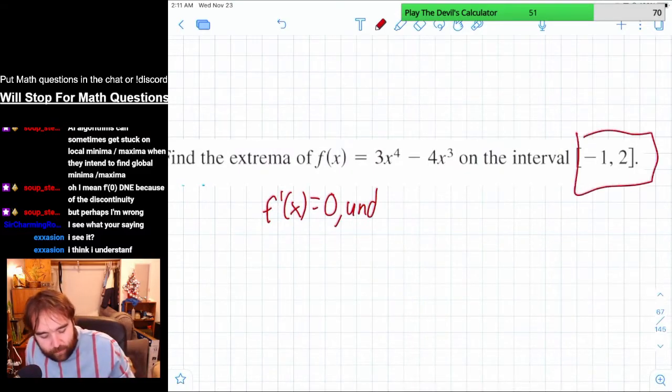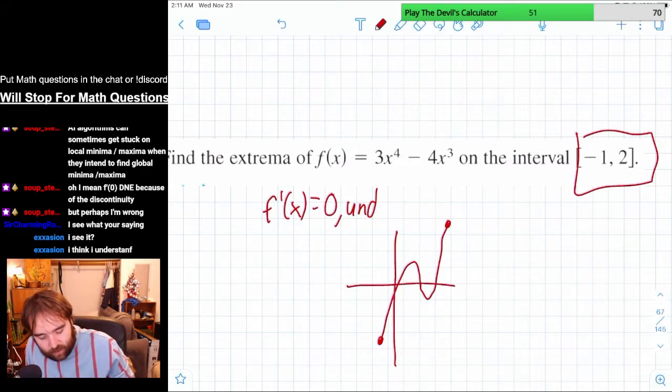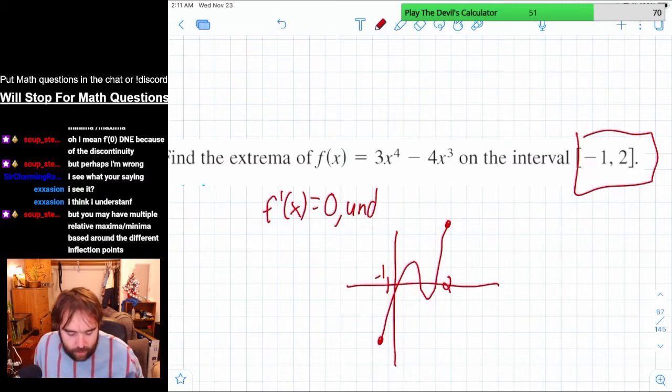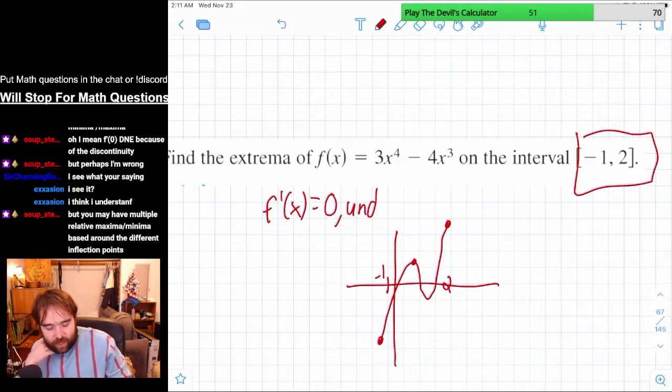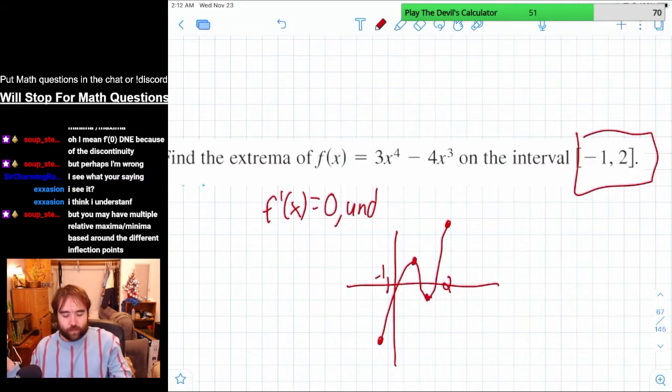So here's the thing. Maybe the graph looks like this, where it stops here. I could even sketch it out here. Like this is our -1 and this is our 2. And maybe we'll set it equal to 0 and we'll find those points where the derivative is equal to 0.